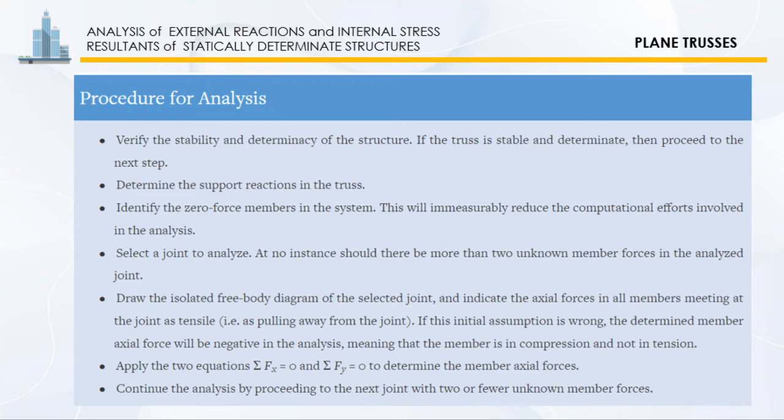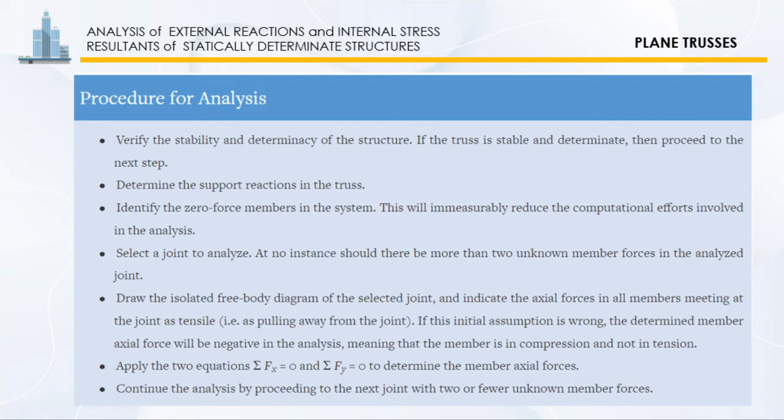So next is to identify the zero force members in the system. So this will immensely reduce the computational efforts involved in the analysis. So next is to select a joint to analyze. So at no instant should there be more than two unknown member forces in the analyzed joint.